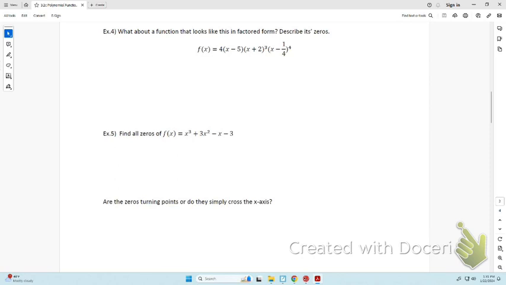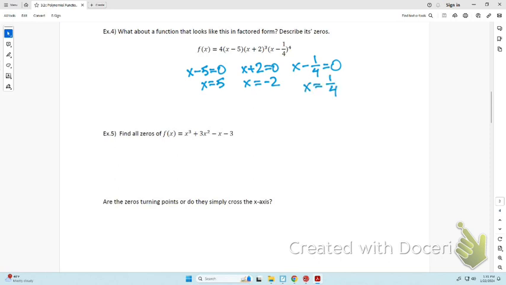For number 4, you set each factor equal to 0 so that you can find the actual zeros, which is very doable in your head. Because we know x is 5, negative 2, and positive 1/4.